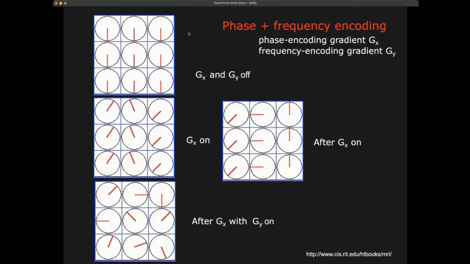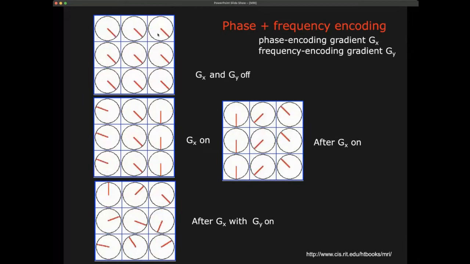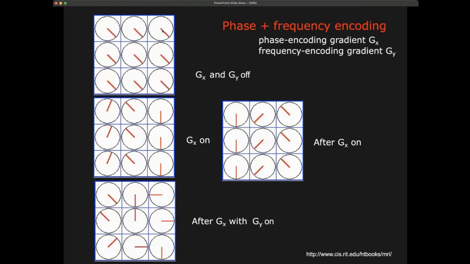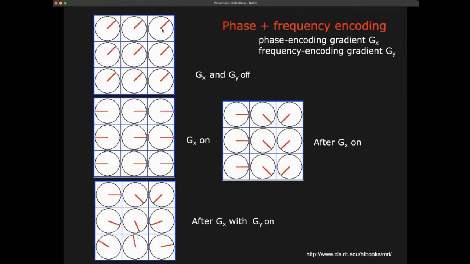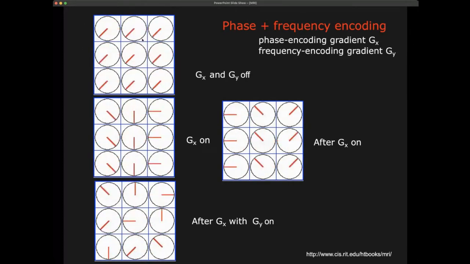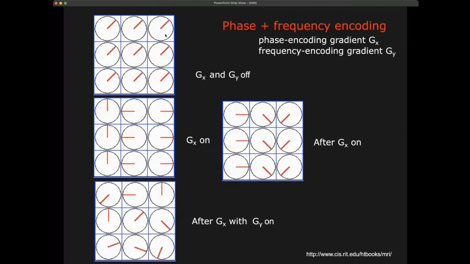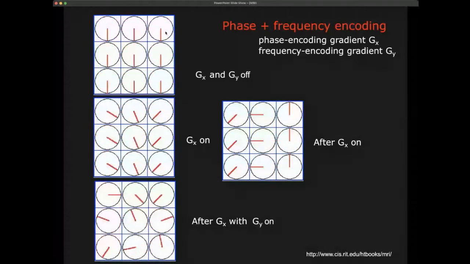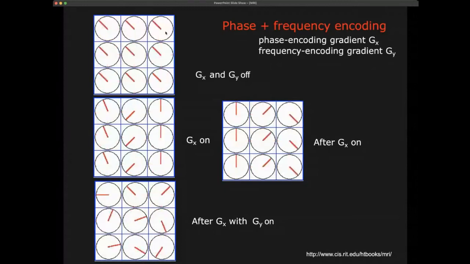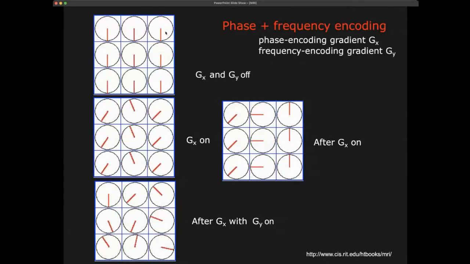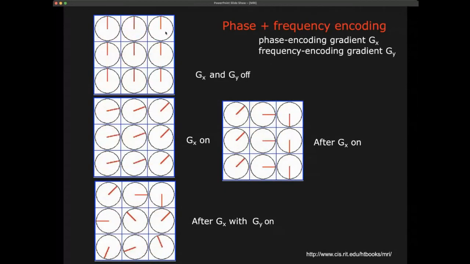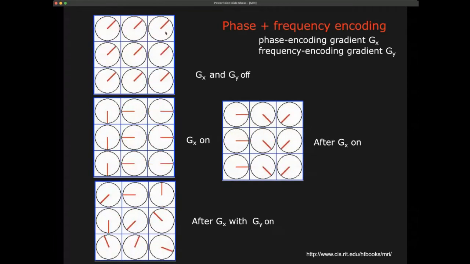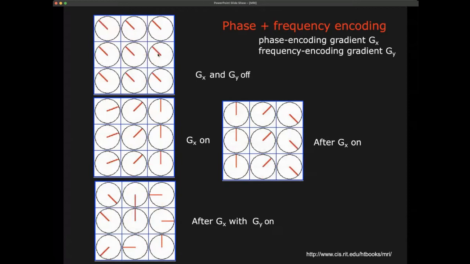So the magnetic field determines their speed. So here it's only the big magnetic field which is on. They rotate with the same frequency because they see the same magnetic field. And they rotate with the same phase because they were flipped together. This is immediately after flipping, so before the T2 relaxation, that is the next thing. So immediately after flipping, they rotate with the same frequency and the same phase.